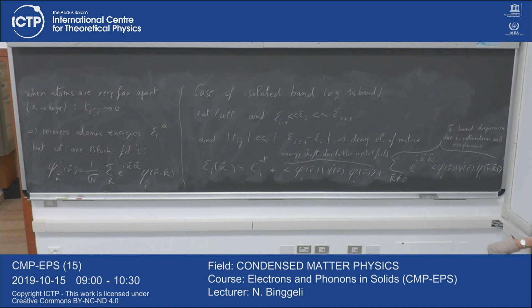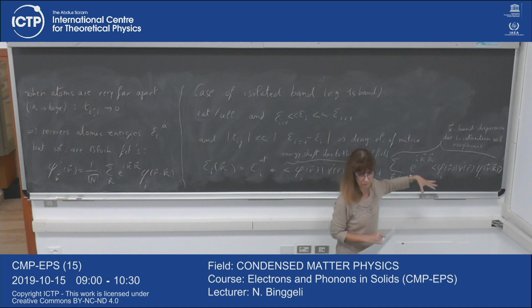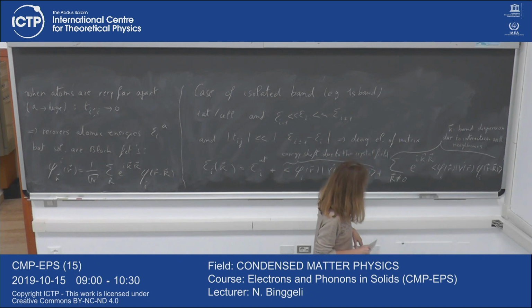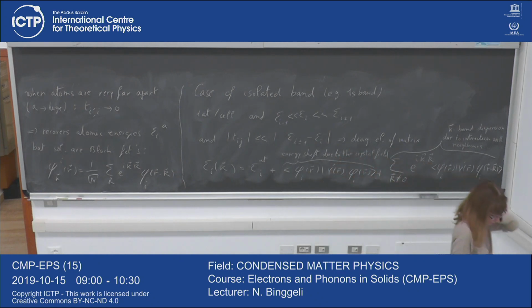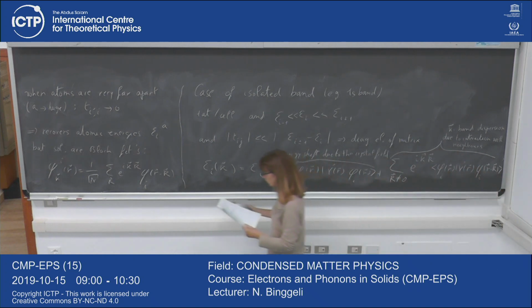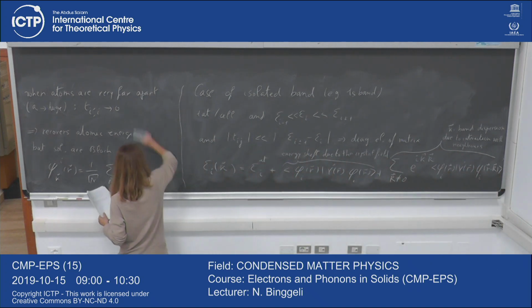So in what will follow, we will make some further approximation. That is, in this sum, we will consider only the nearest neighbor. So in general, what we will do in the tight binding approximation is that we will consider only the first nearest neighbor in this sum.